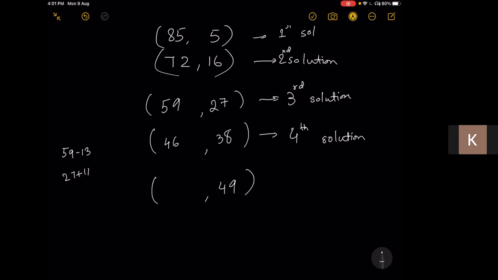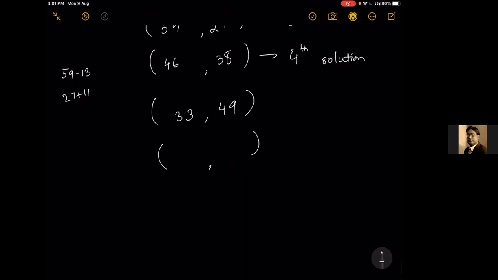So the next solution is 49 and 33, right? Then what is the next solution? 60 comma 20.